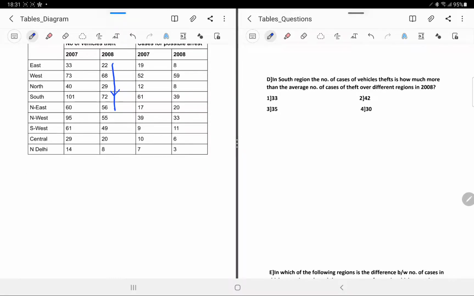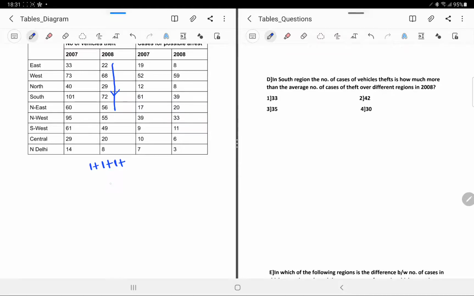So this is like 22 plus 68 is 90. 90 plus 29 would be 119. Now, 19 plus 72 would be 91. 91 plus 56 would be 147. Okay, 47 plus 55 would be 102.